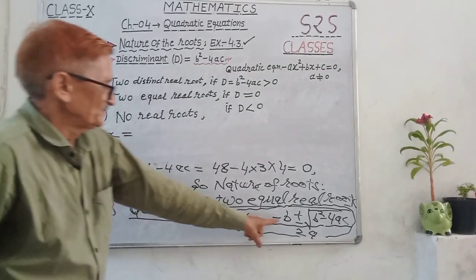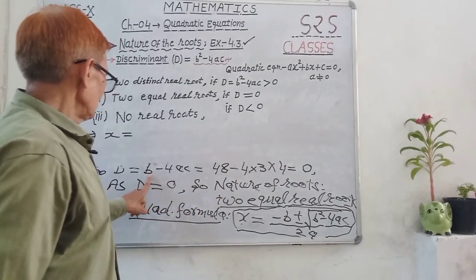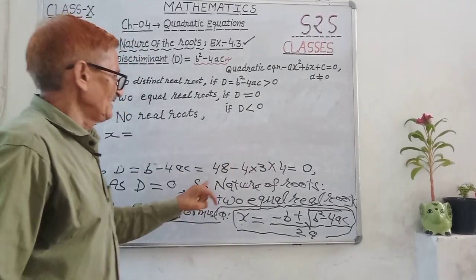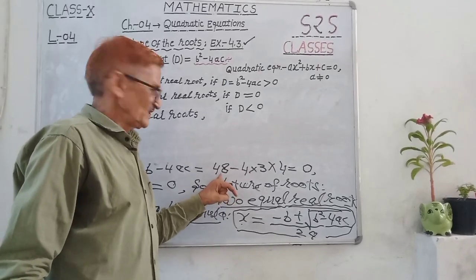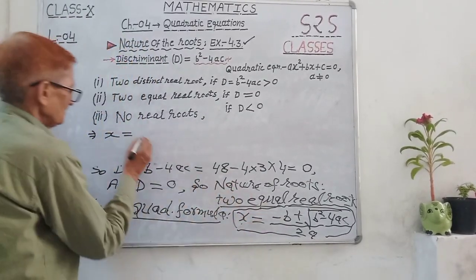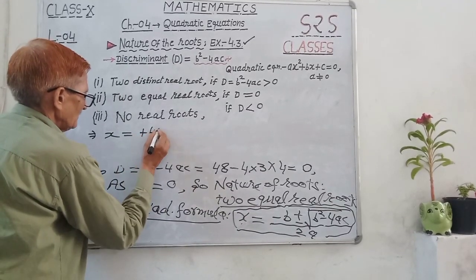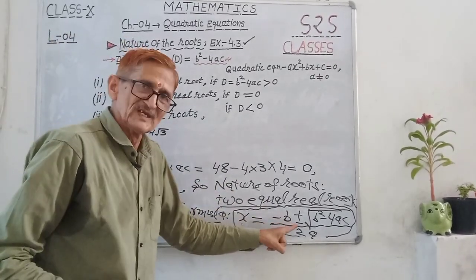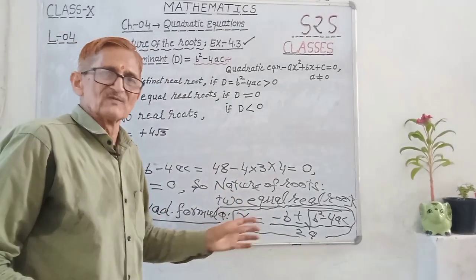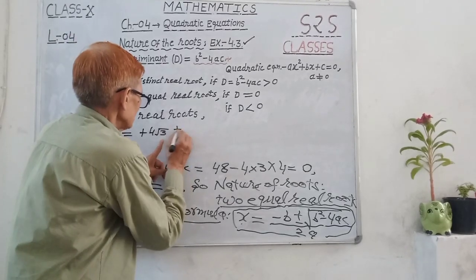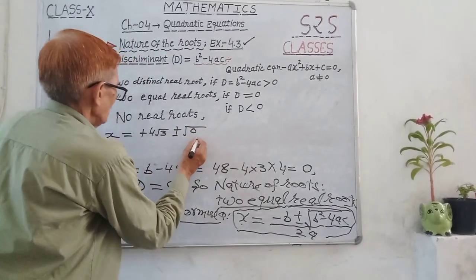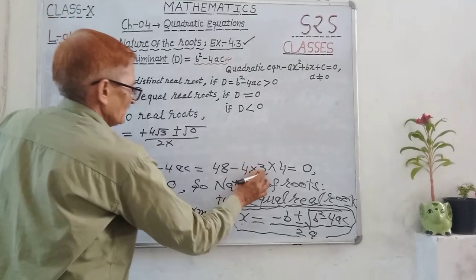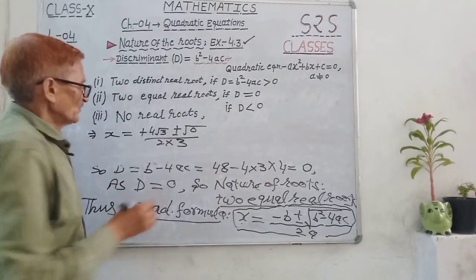x is equal to minus b. What is the value of b? The b value was minus 4 root 3. b is negative and the formula has minus b, so the negative value of b with minus in the formula gives minus minus, so plus 4 root 3, plus minus square root of D, which is 0, upon 2 into a. a was 3. Put the values here and solve.